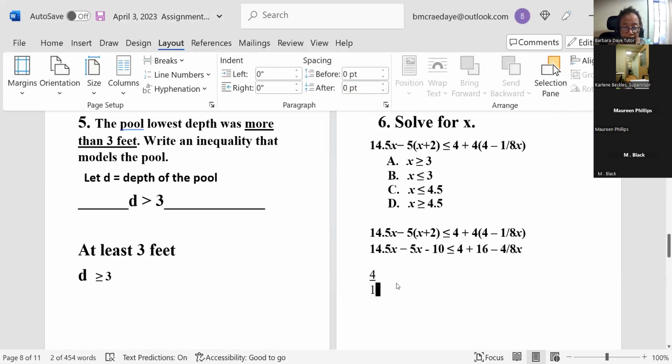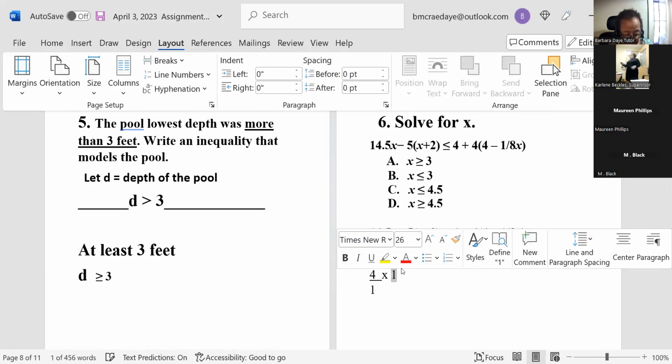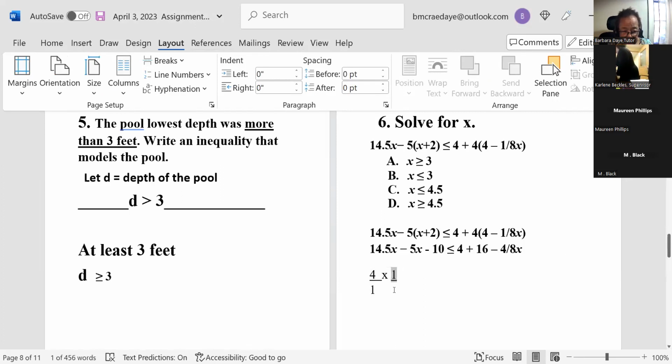Okay, so that's 4 over 1, and this is times 4 over 1 times minus 1/8x. So let me write that as 1 and put that over 8, and then put the x.